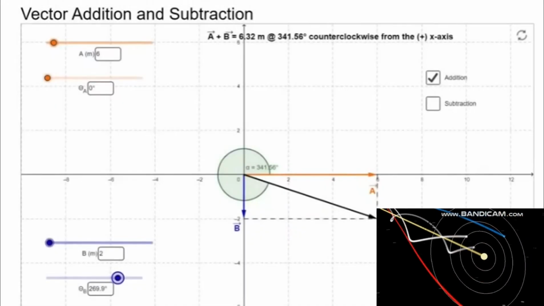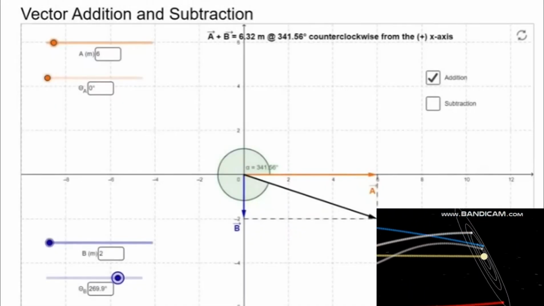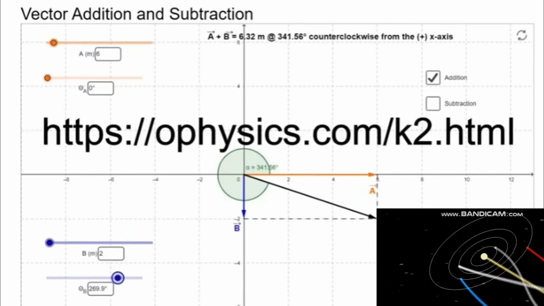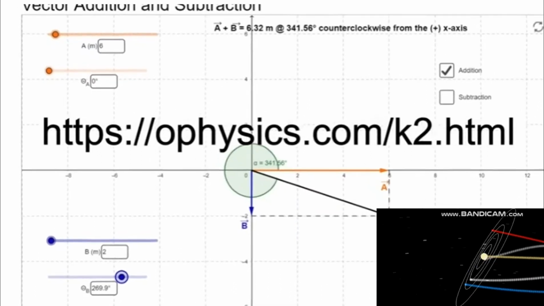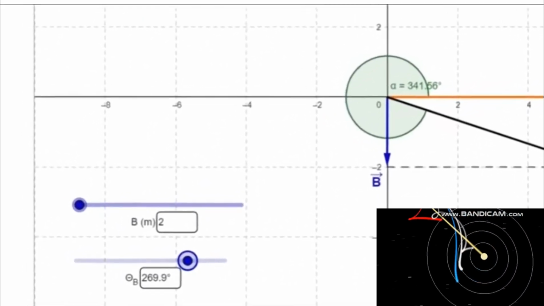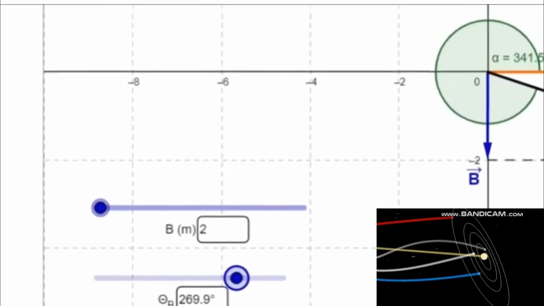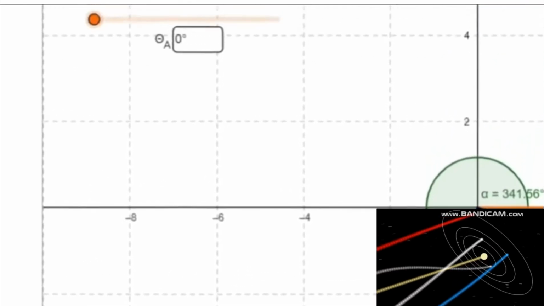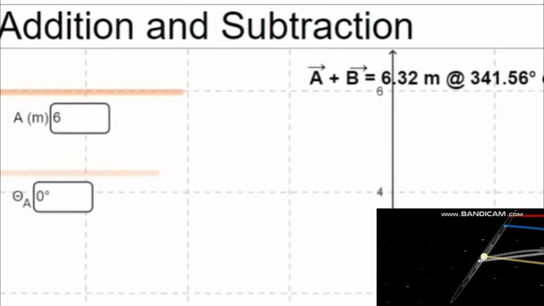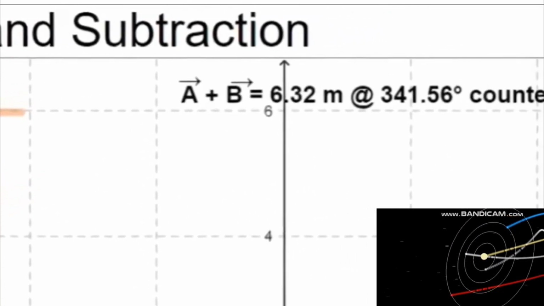To see what is happening to the mass, we can also use this site's vector addition tool. Input the velocities for each vector: 2 miles per hour, and 6 miles per hour. A plus B, the resultant velocity is the answer for the mass rotating at the same time the rotation is moving.